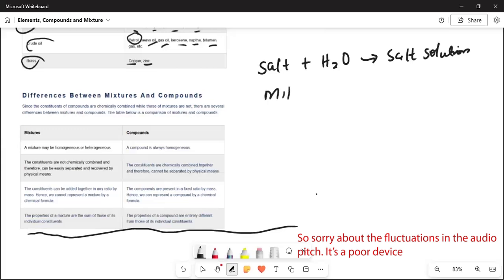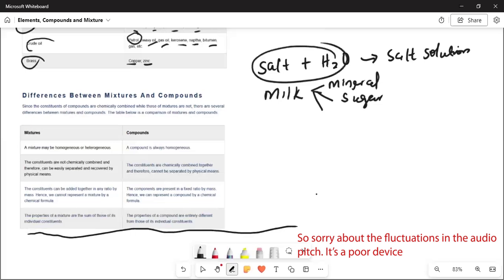A good example is milk. When you buy a cup of liquid milk, even though this milk is made up of different things, there's no way you can identify those different things. You can't say, okay, this is mineral salt in that milk, or this is sugar, or this is whatever. The same thing as the example I gave here.